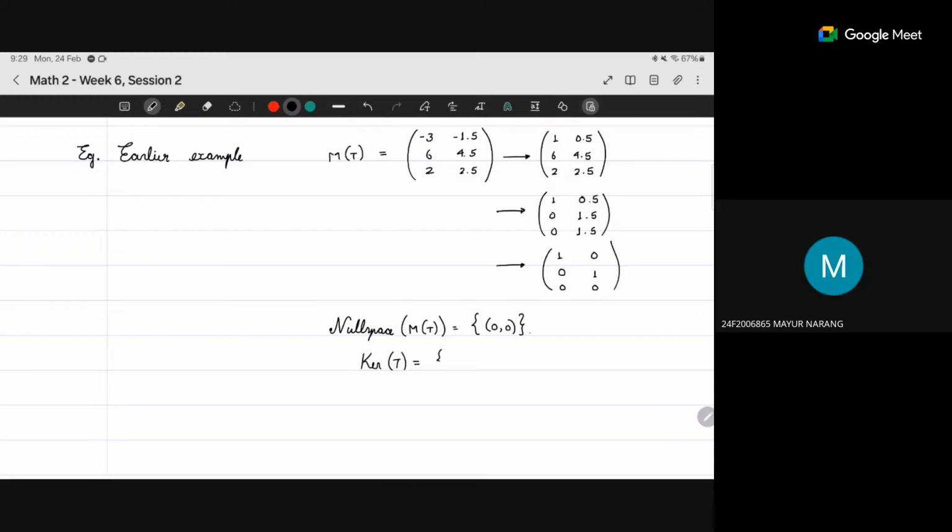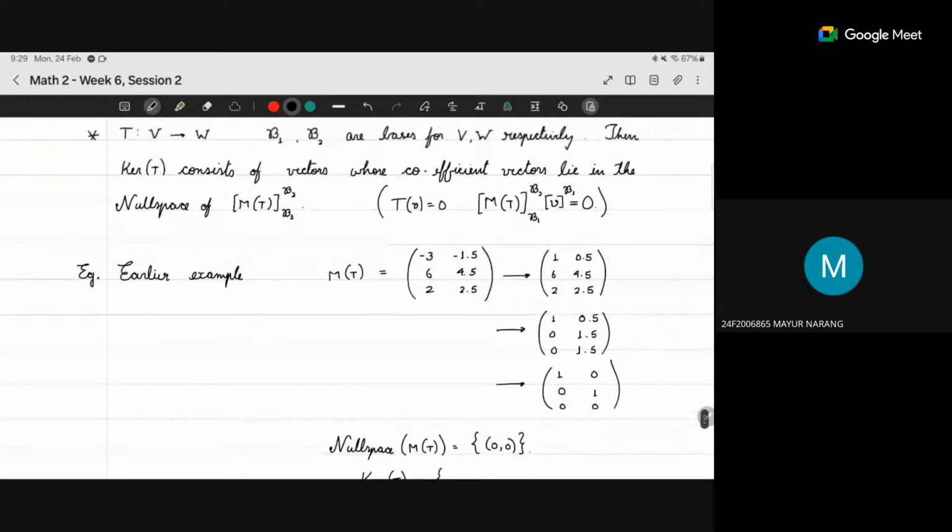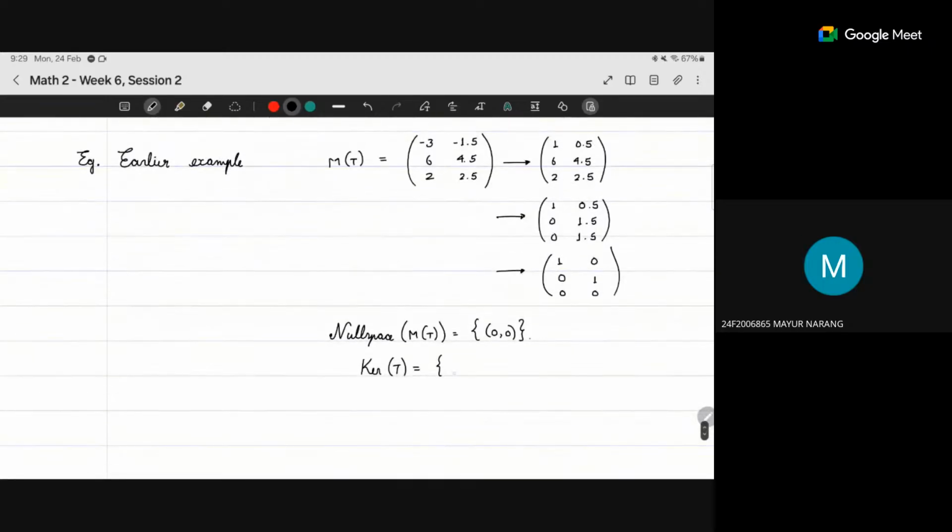Sir, my question is something else. If the last reduced matrix is 1 0, 0 1, 0 0, 0 0, then what is the null space? If you have a 4 cross 2 matrix, then it is still just (0, 0), because these extra rows don't contribute, however many there are.